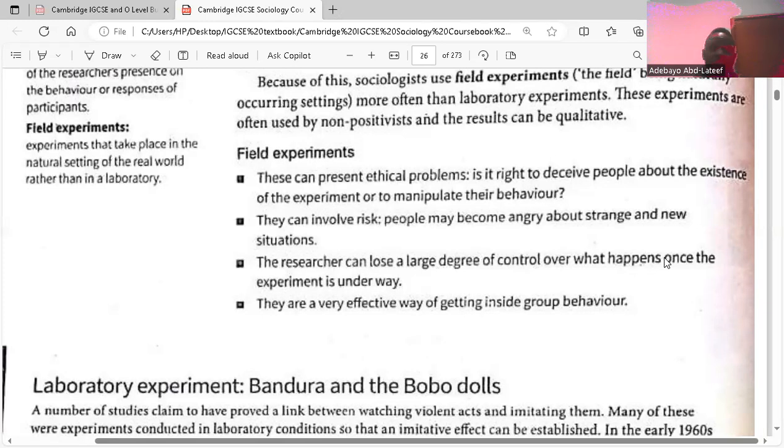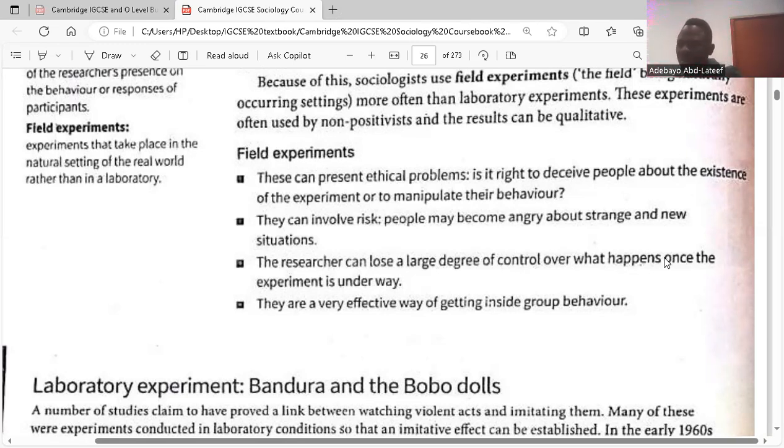But when you start, you have to keep up with the time and movement of people. They're not going to stay there like statues. They move, they do things, and they do it at their own pace, not yours. So you might not be able to catch up with the information you need to gather. That's another problem with field experiments. Is it clear? Yeah.